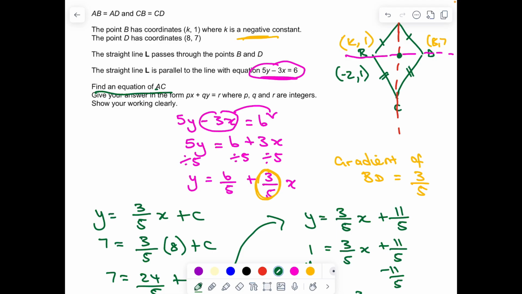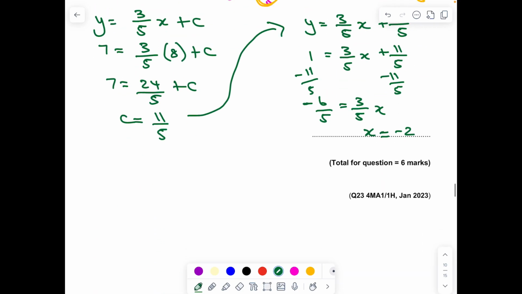And so this is something that you may not have known, but to find the midpoint between any 2 points, we add the 2 x coordinates. So in this case, it was minus 2 and 8, and then halve it. Add the 2 y coordinates, 1 and 7, and then halve it.